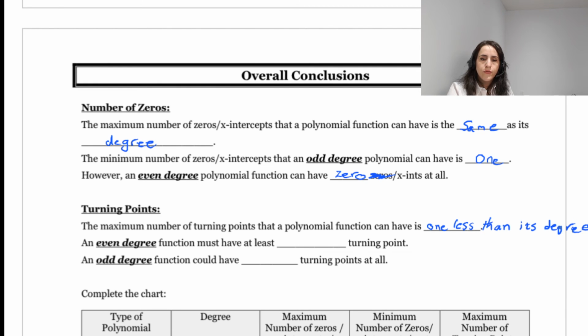If I like to write it down mathematically, I could write n minus 1, because n represents the degree of the function and minus 1 means 1 less.